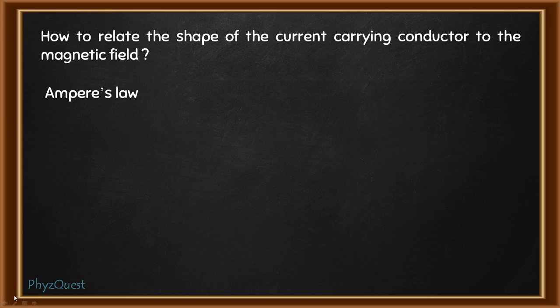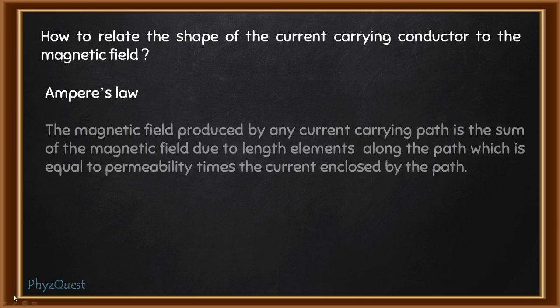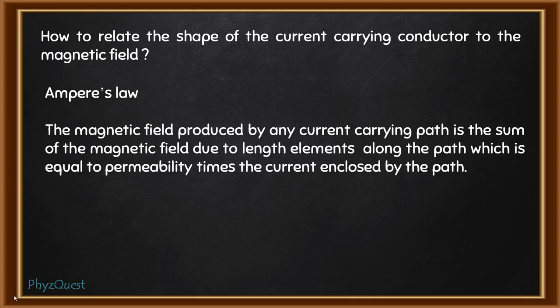According to Ampere's Law, the magnetic field in space around an electric current is proportional to the same electric current. So we can say the definition is: the magnetic field produced by any current carrying path is the sum of the magnetic field due to the length elements along the path, which is equal to the permeability times the current enclosed by the path.